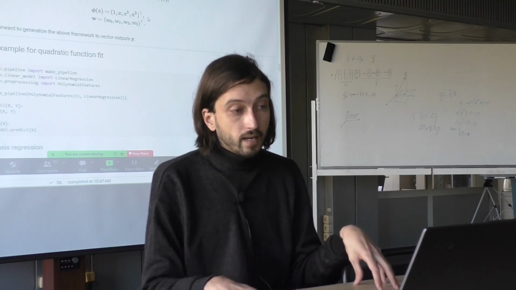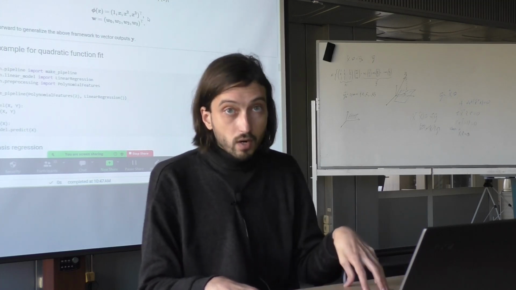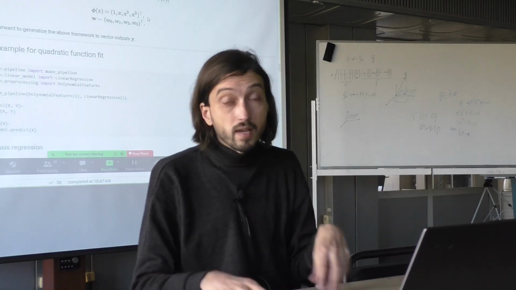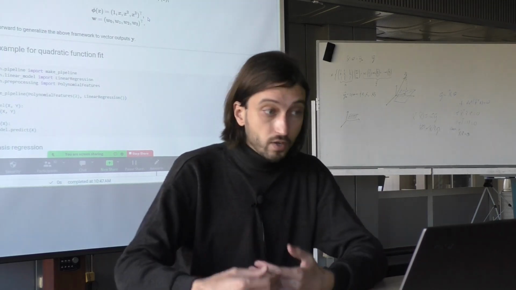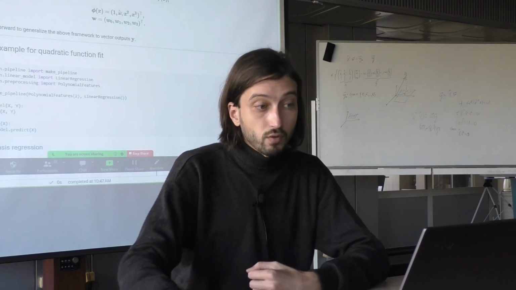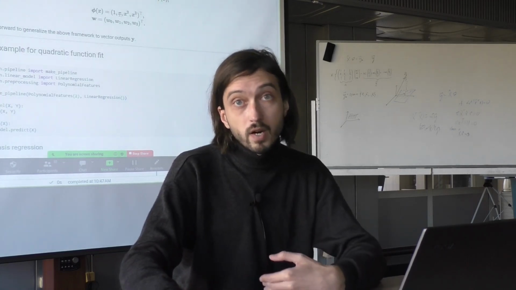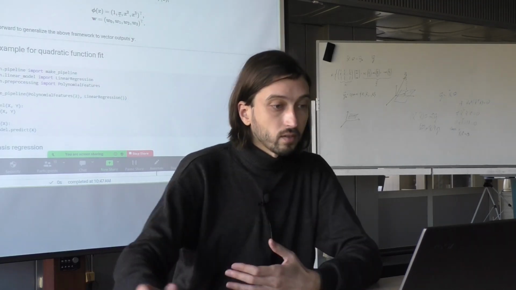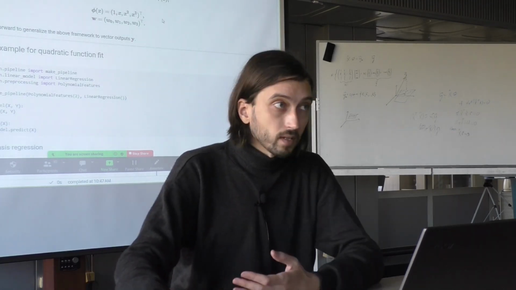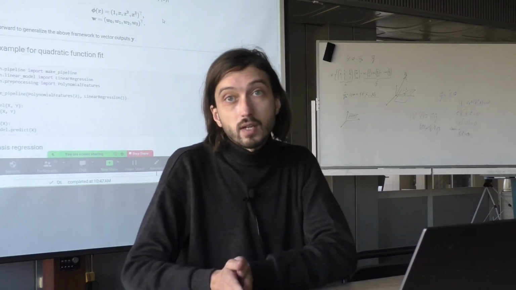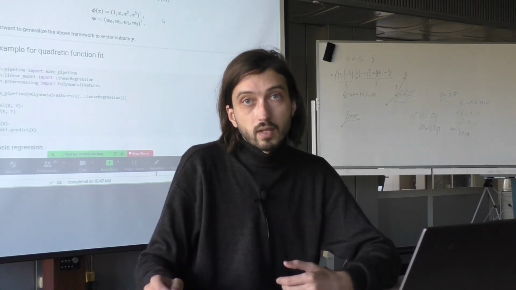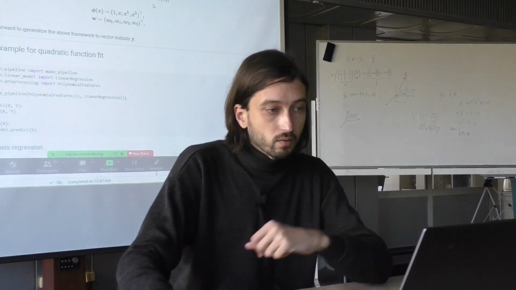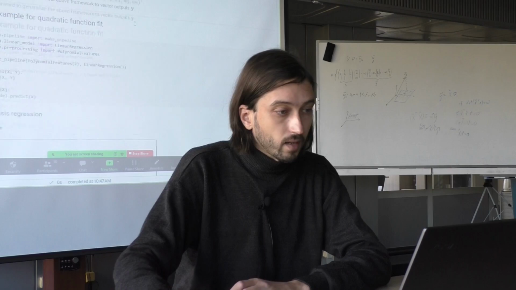What you have done is transformed your initial features into a different space with the help of basis functions that you chose. If you choose x, x squared, x cubed, and so on, you get a polynomial at the end of the day. If you choose them differently, for example sines and cosines, you can get something that looks like part of a Fourier series or whatever. That's pretty okay.